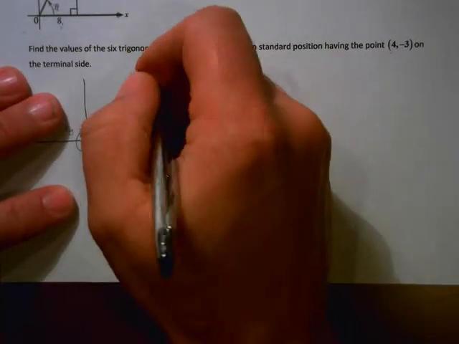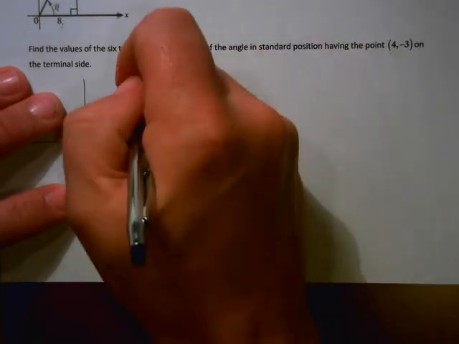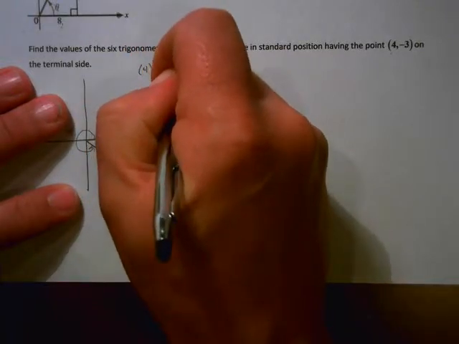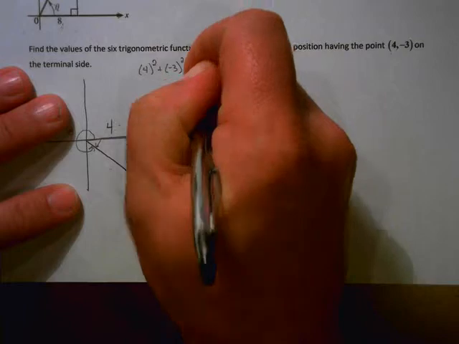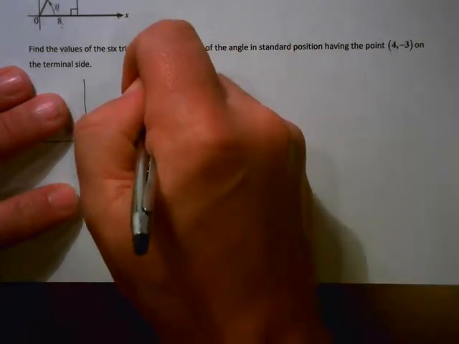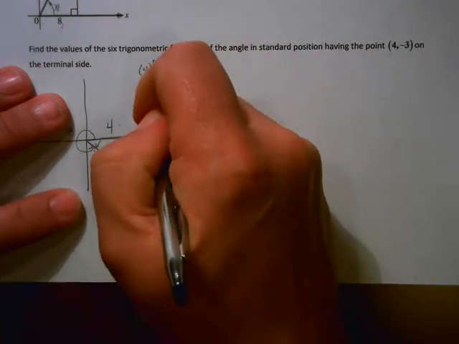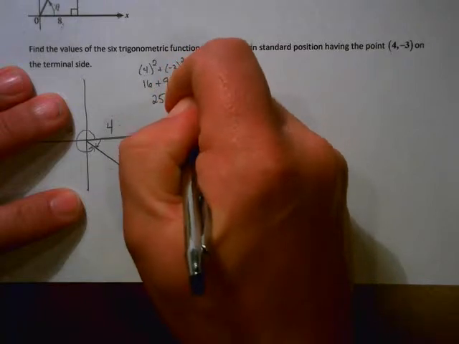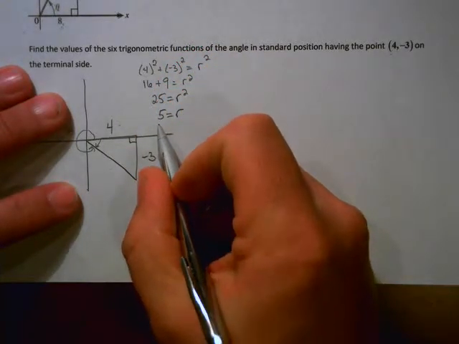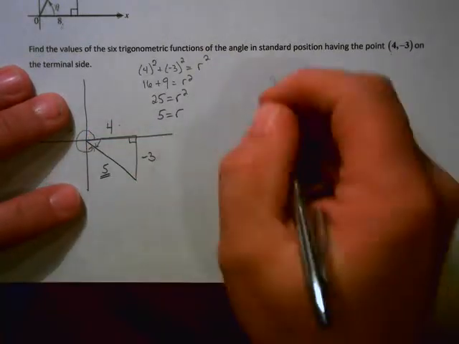I need this other side. So since I have the 2 legs, here's my 90 degrees. It's going to be 4 squared plus negative 3 squared equals r squared. So here's my x squared plus my y squared equals r squared. 16 plus 9 equals r squared. 25 equals r squared. So 5 equals r, and again it's positive because it's referring to the hypotenuse.